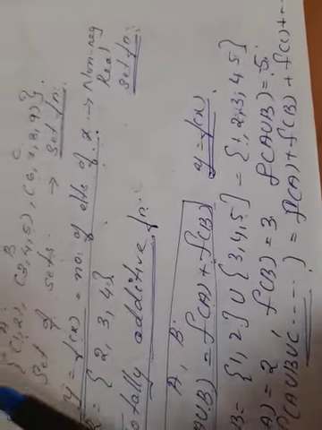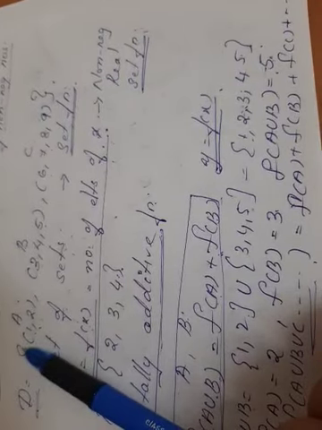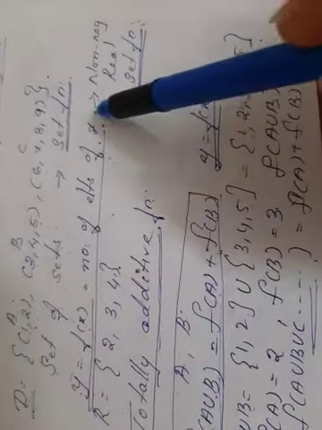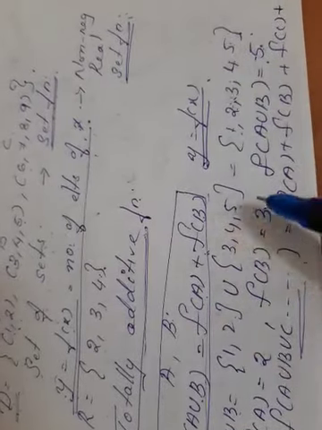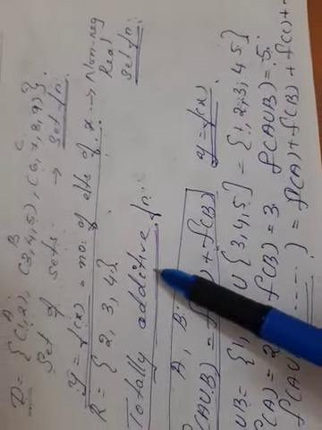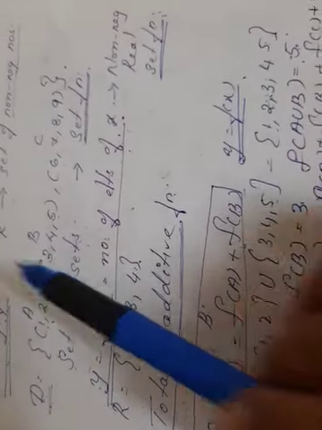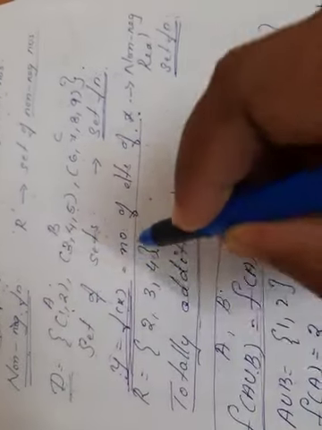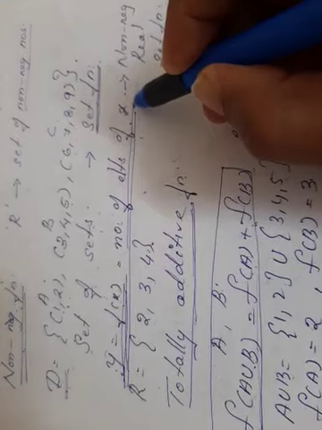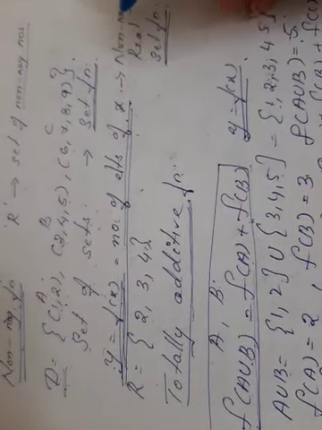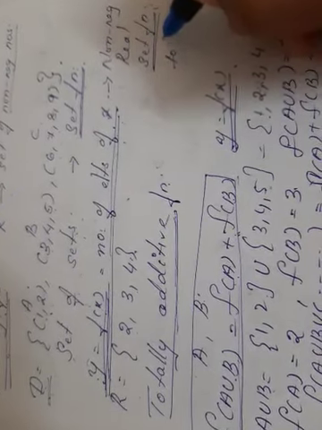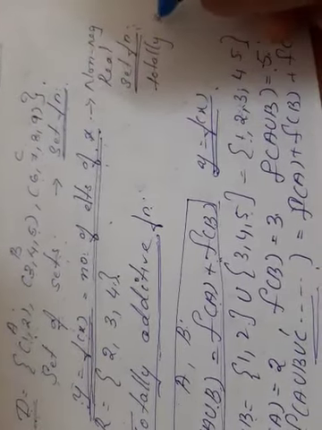So, for this particular domain set, our function y equal to f(x) equal to the number of elements in x is a totally additive function, because for this example, this condition is satisfied. So, our function y equal to f(x) is actually a non-negative real valued set function, which is also totally additive.